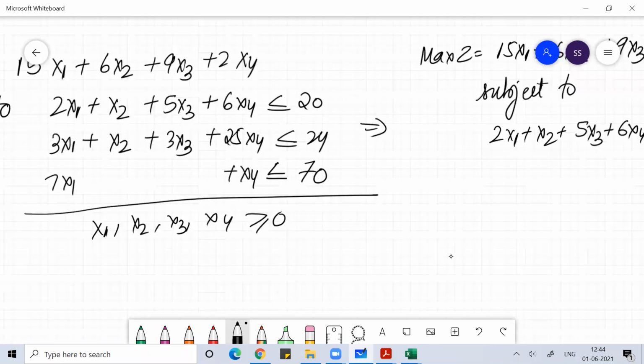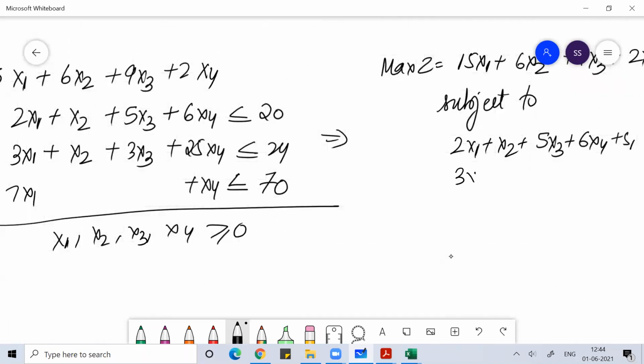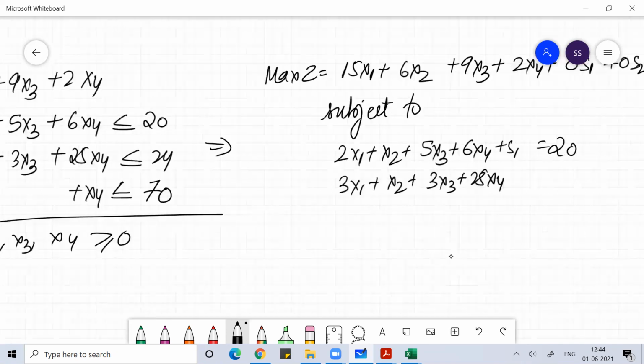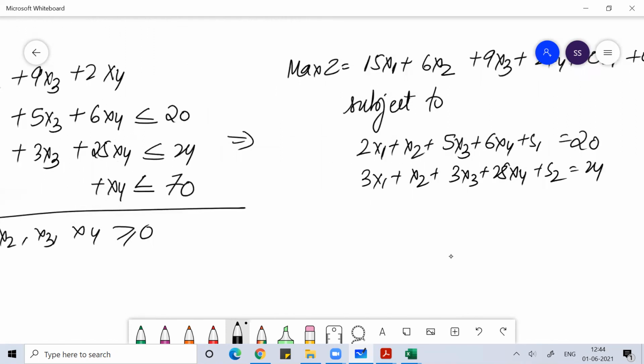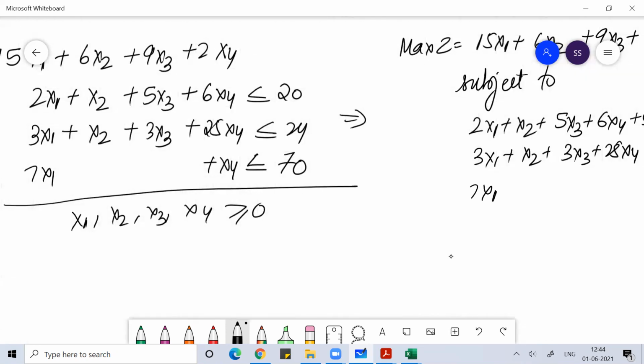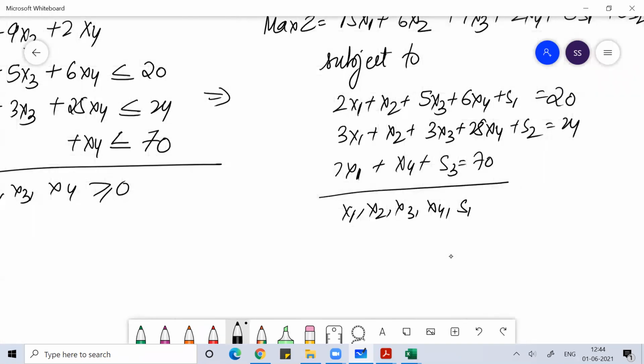Then 3x1 plus x2 plus 3x3 plus 25x4 plus s2 is equal to 24. Then 7x1 plus x4 plus s3 is equal to 70, where x1, x2, x3, x4, s1, s2, s3 are greater than or equal to 0.